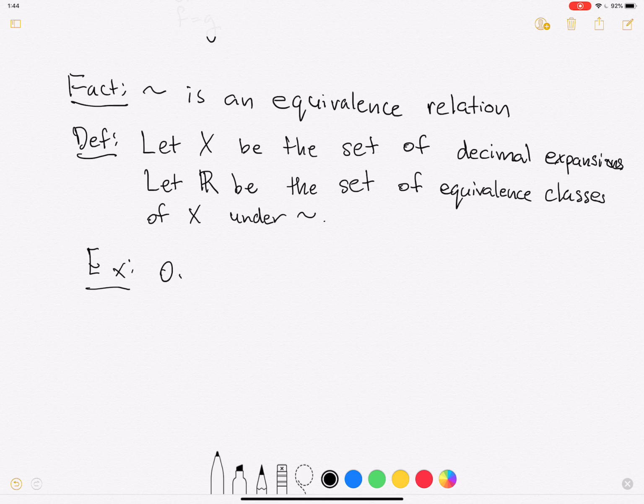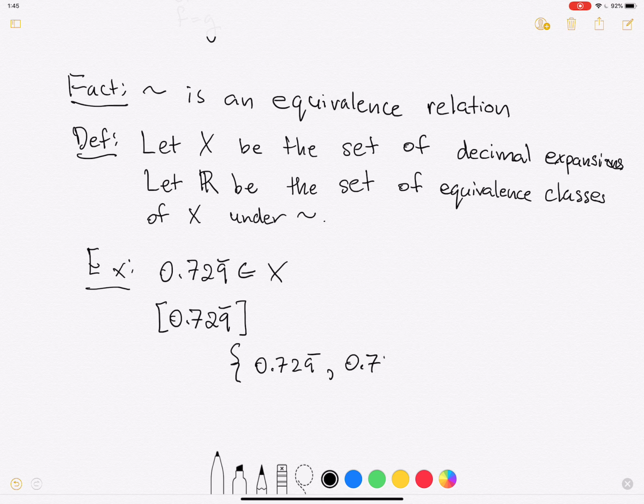So for example, 0.729, as we said before, this member of the equivalence classes of X under tilde is written like this with the square brackets, and the corresponding set of everything that's equal to that is 0.729 itself and 0.73.